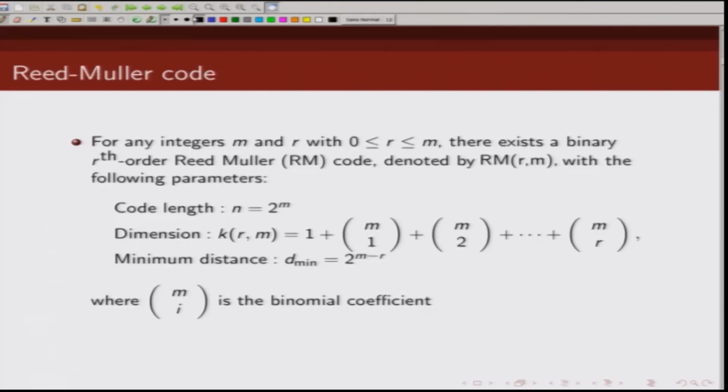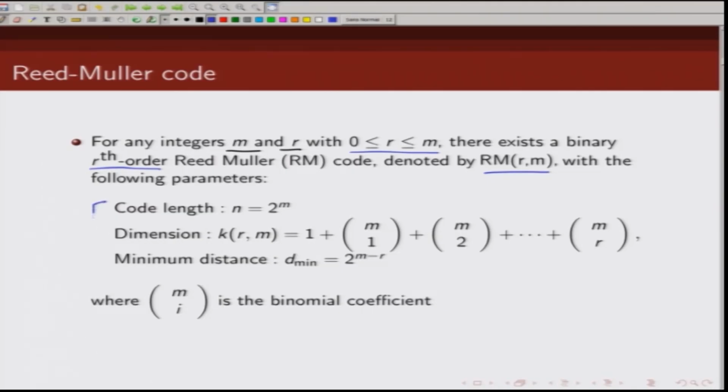So, for any integer m and r such that r is greater than 0 and less than or equal to m, there exists a binary rth order Reed-Muller code which we denote by these parameters r and m.